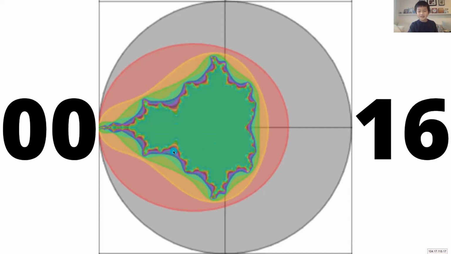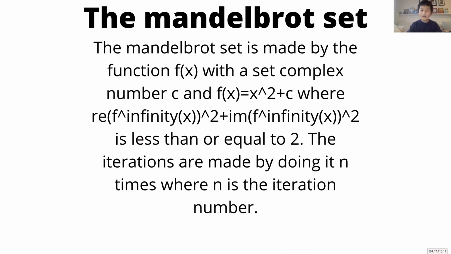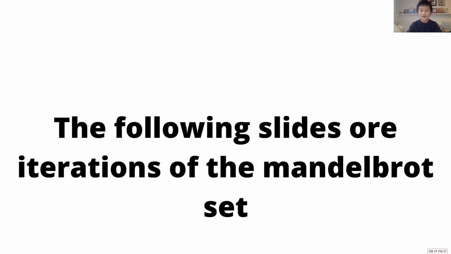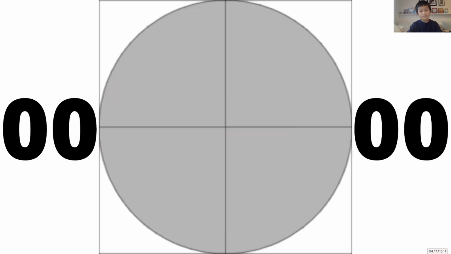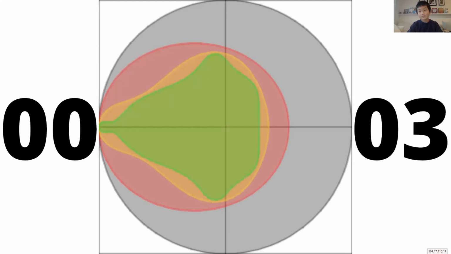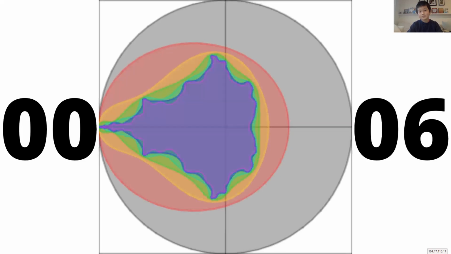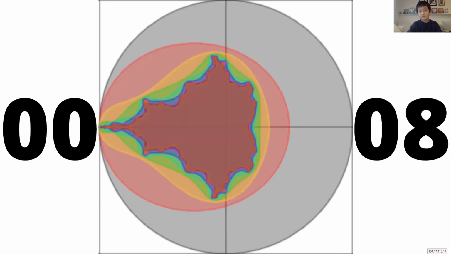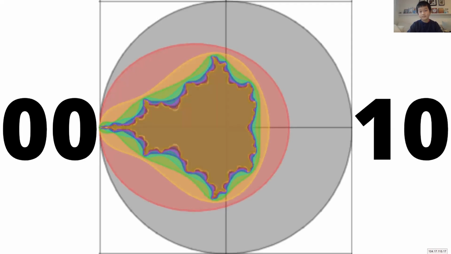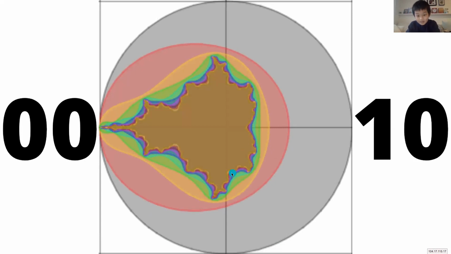Now you can clearly see. I'm going to start at each slide. See how at this iteration we'll stop here. These are starting to form mini ones.